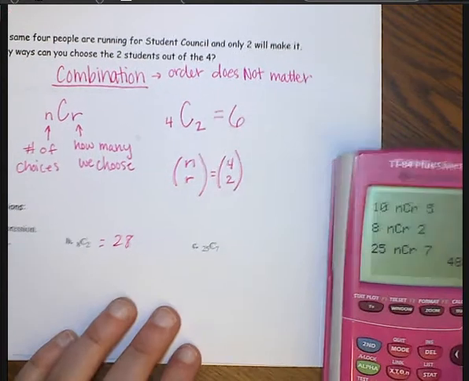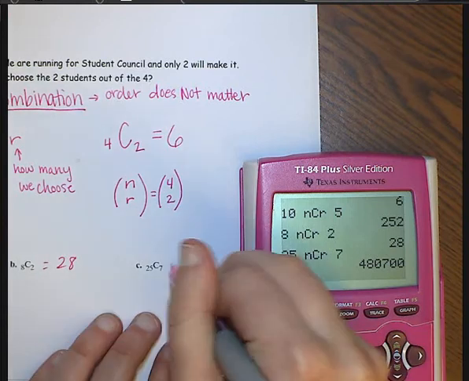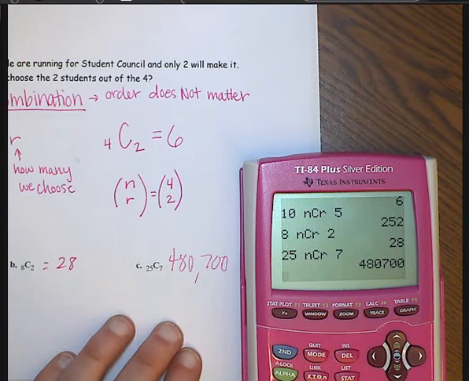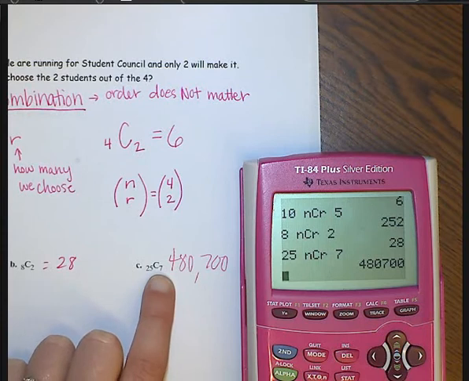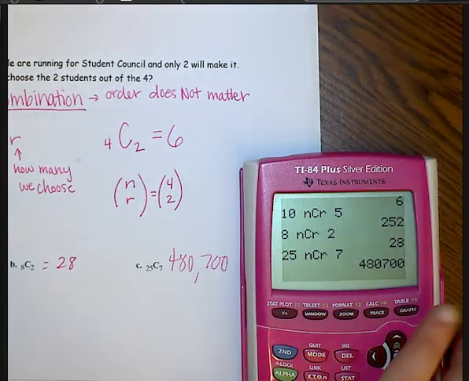This time I get 480,700. Okay, so if I have 25 possible choices and I'm choosing a combination of 7, there's 480,700 possible choices. All right, let's go to the next page.